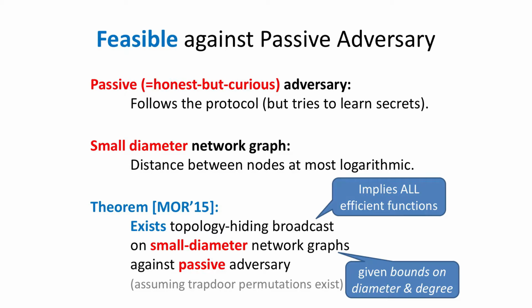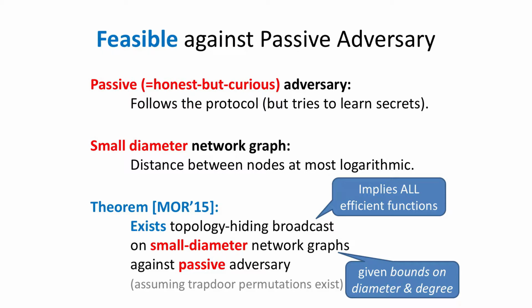On the other hand, they show that it is feasible against a passive adversary. So a passive adversary follows the protocol, but tries to learn something more. It's also known as honest but curious. And they show that it's feasible for a restricted class of graphs, of network topologies. They need the graph to be of small diameter.